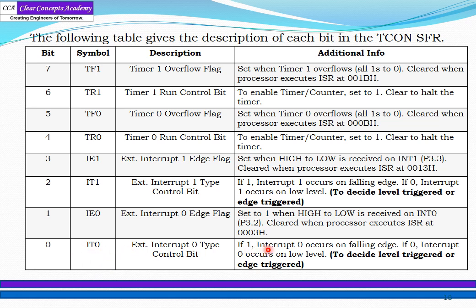Now coming to the ISR and the addresses of interrupts. Earlier I had given one example. Suppose you are sitting for your study, that is you are running your main program, and when a doorbell rings, you have to stop your study and go to the door. Maybe a courier person has come. You take the courier and come back to your study and continue.